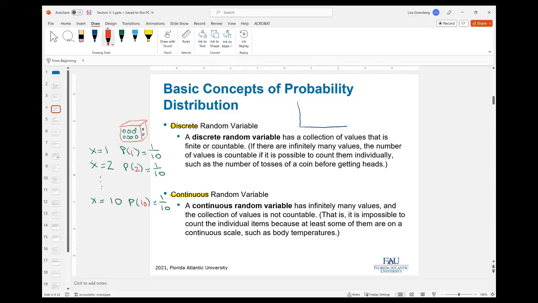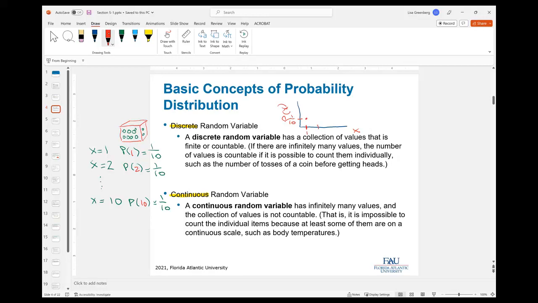So for example, if I were to draw this graph, here is, let's call this P of X, and let's call this X. The probability of getting a 1 is 1/10.